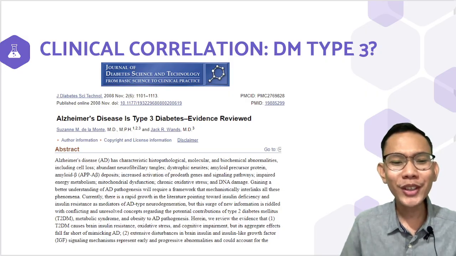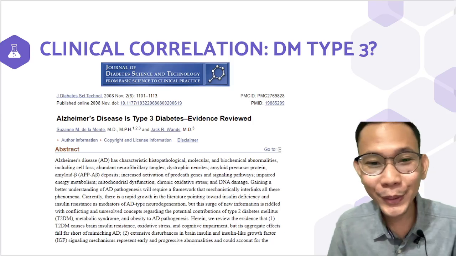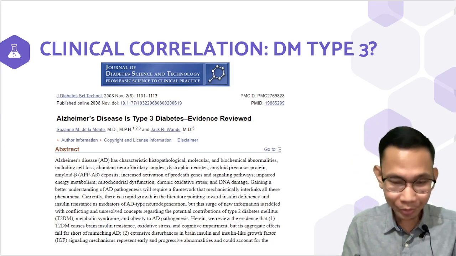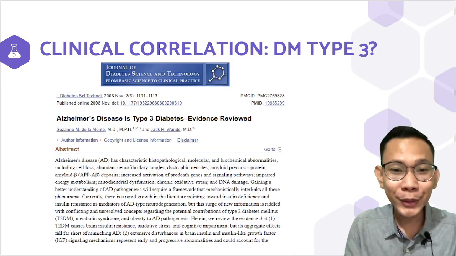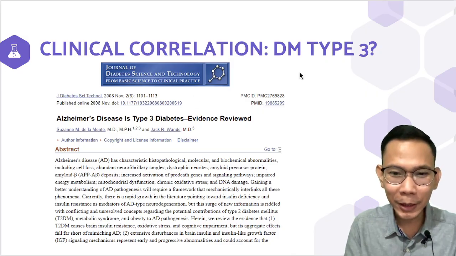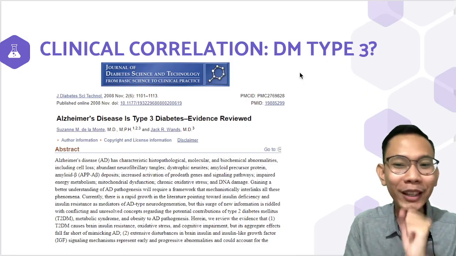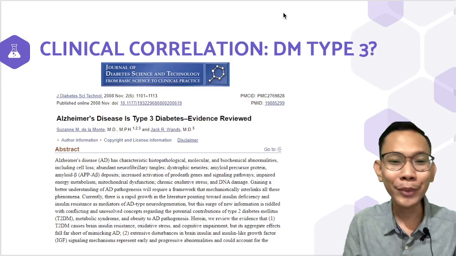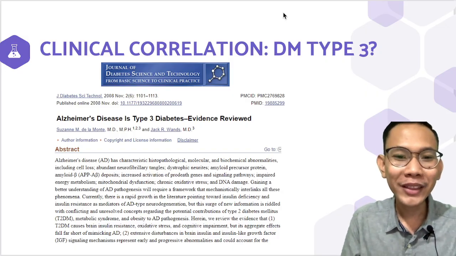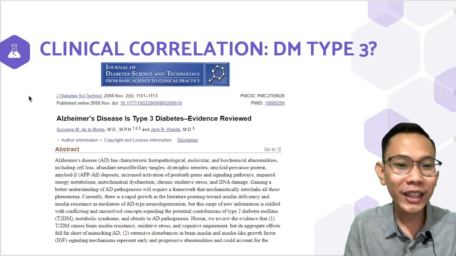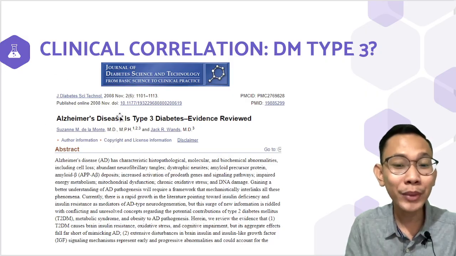And also, this is just nice to know: clinical correlation with your carbohydrates. There is something called DM type 3. Nice to know lang naman ito. For DM type 3, they are proposing that Alzheimer's disease is type 3 diabetes.